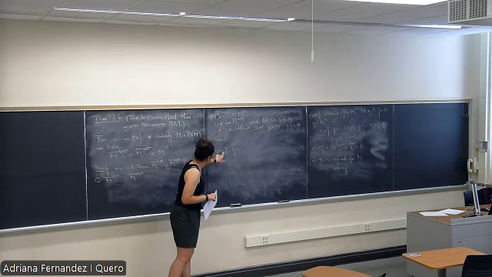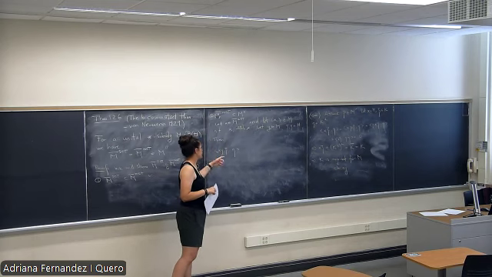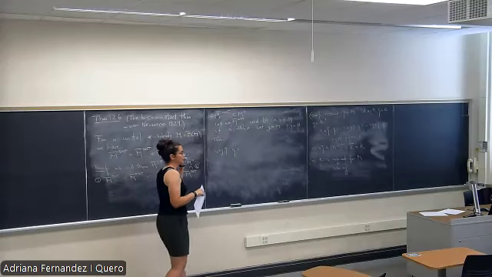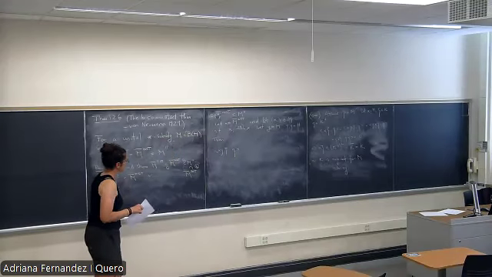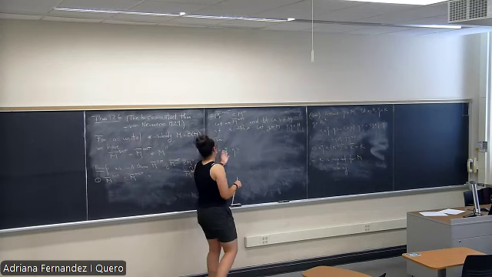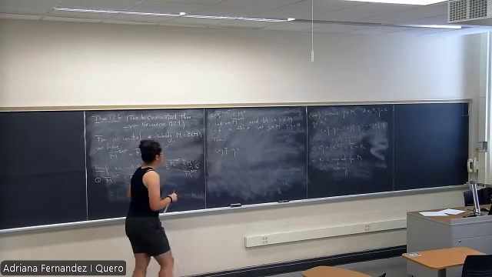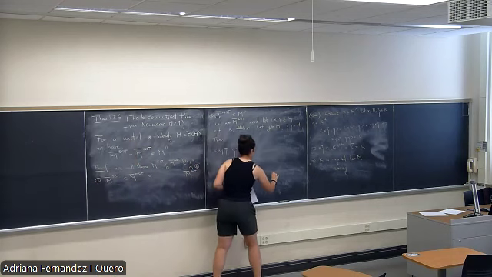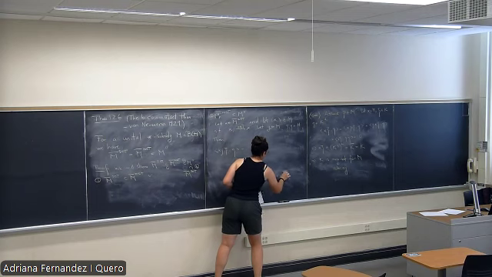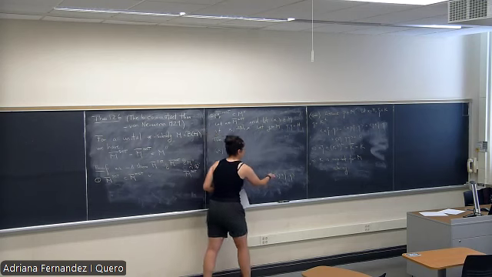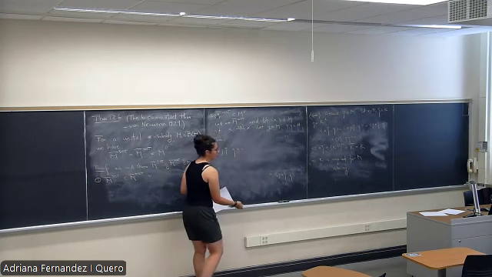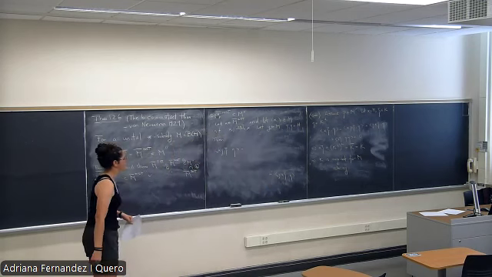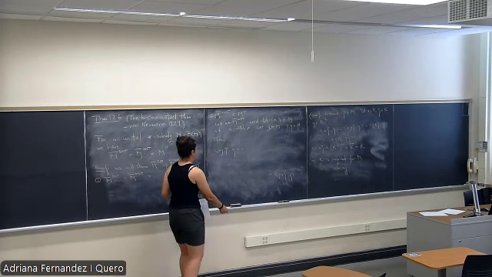We want to show that xy is yx, but this is the same as doing it for every entry in the matrix. So what we'll try to get at the end is that this is yx psi and eta, and because this is for every eta, it would follow that xy psi is equal to yx psi, but then by definition, xy will be equal to yx. So let's see how we do this.